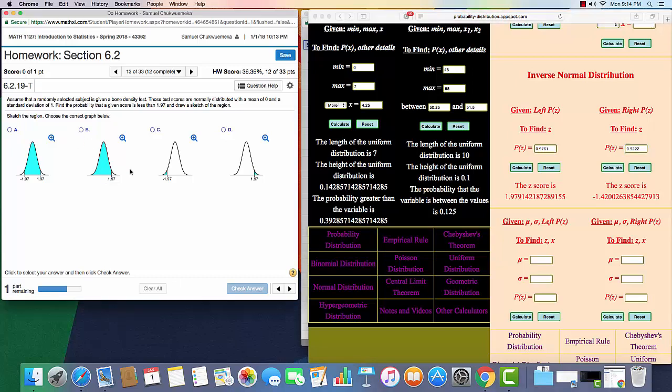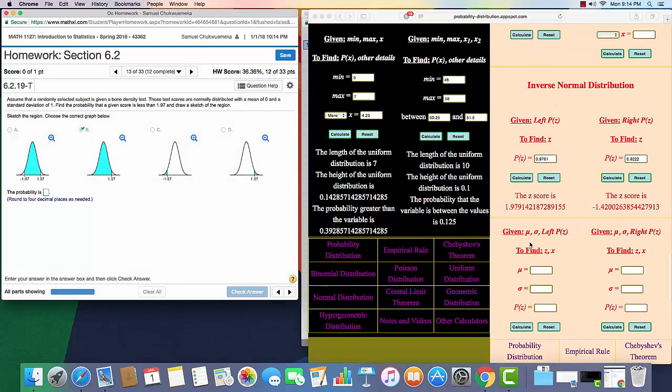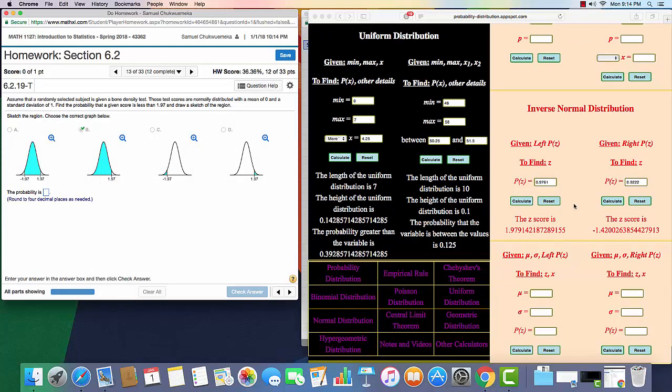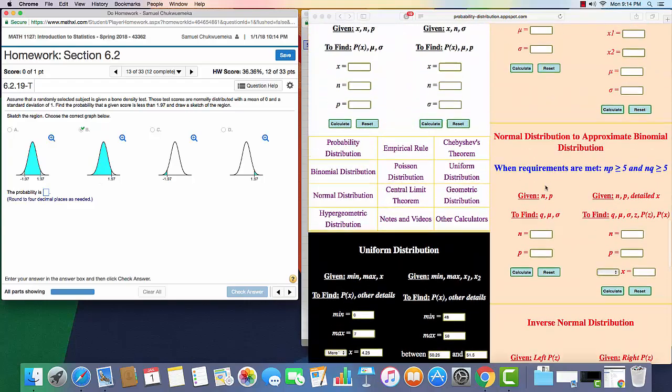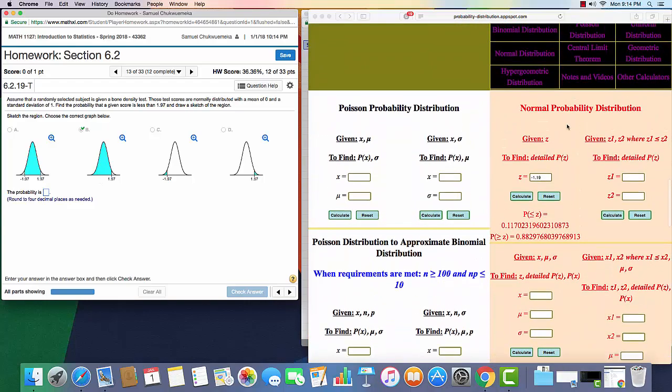So option B. And then the probability, they're asking us for probability, so I'm going to use the normal probability distribution. And then Z, in this case, is negative 1.97. Enter. And the less than will be this here.